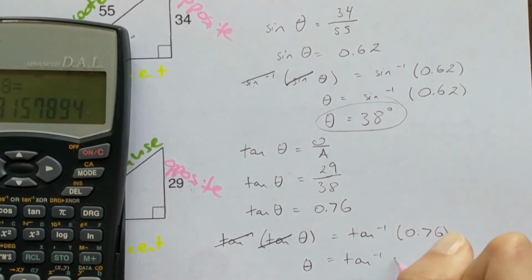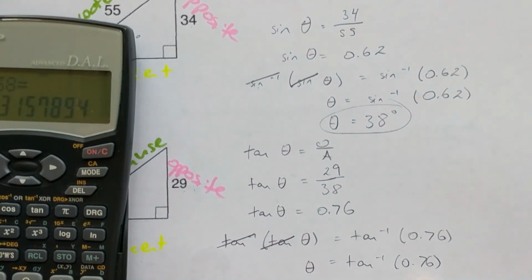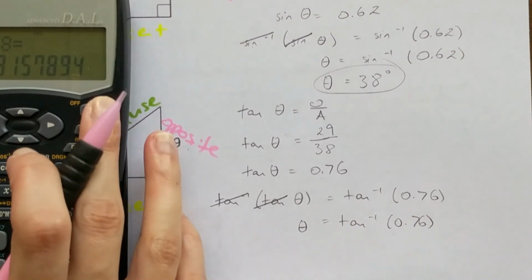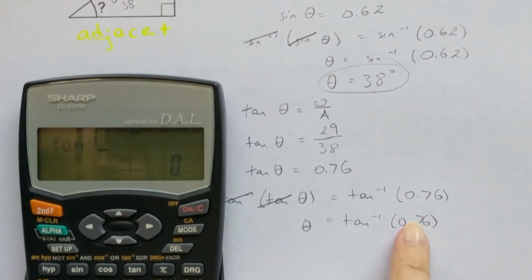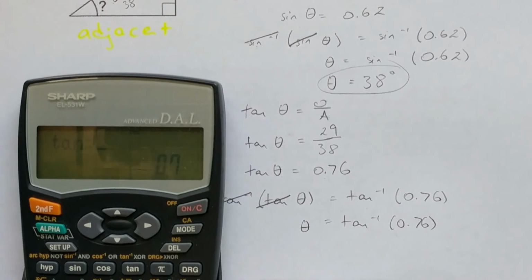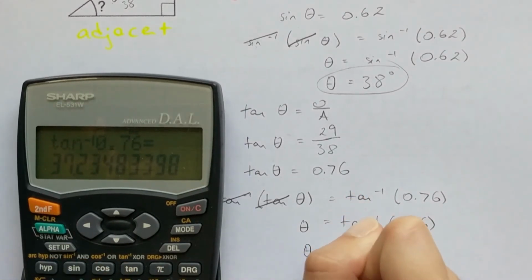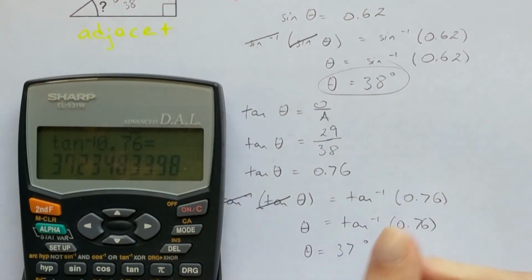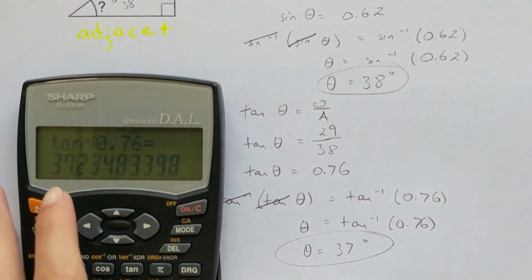I still have tan inverse of 0.76 on the right hand side. So now once again I'm going to go to my calculator, I press the second button, and then I press tan, which gives me tan inverse, and then I type in my decimal, 0.76, and that gives me about 37 degrees. 37 degrees is my final answer.